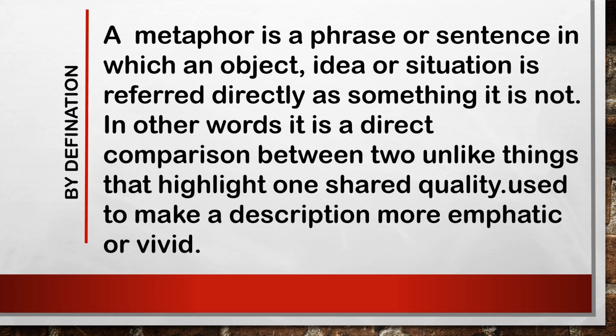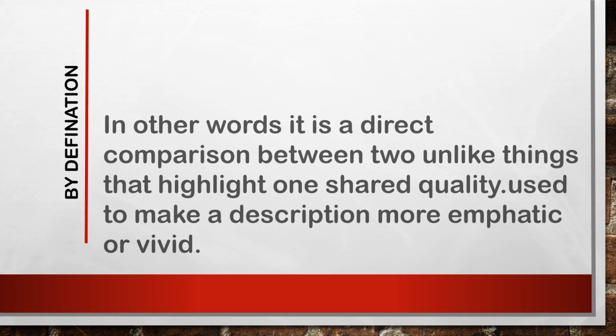When you use a metaphor, you are using direct comparison, right? You are comparing two things that usually don't share anything, but this time you want to make sure these two things have one shared quality that you can compare them with. So metaphors are used in a lot of things, such as poems and literary texts. So let us continue.